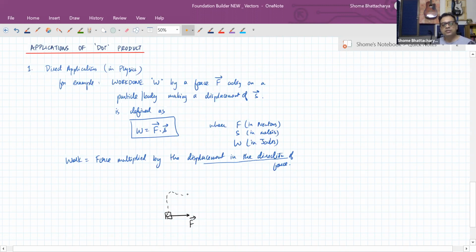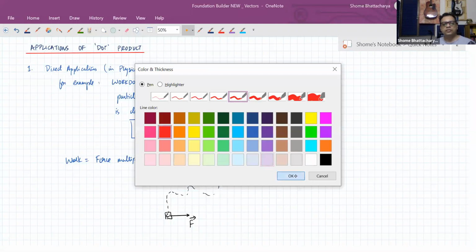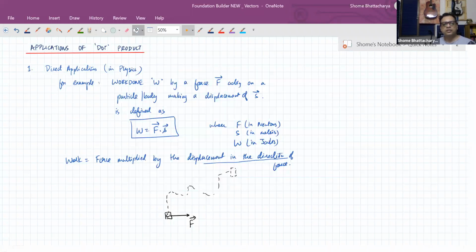It's going like this, some kind of strange path, and after some time it reaches here. So then the displacement of the body from the initial to the final position will be this vector I'm drawing next. The vector straight joining the initial position to the final position. So that will be the displacement vector. Okay. So let's say that that displacement vector is at an angle theta to this.